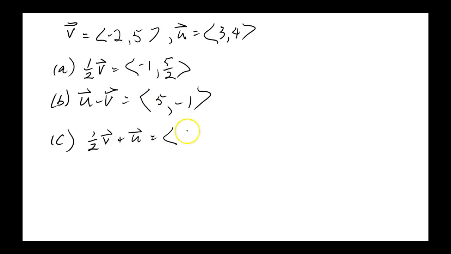Okay, I got what you're saying. 2, comma, and then you would have 5/2 plus 8 halves, which would be 13 halves. All right, and they get -1, 5 halves, 5, -1, and 2, 13 halves. Very good.